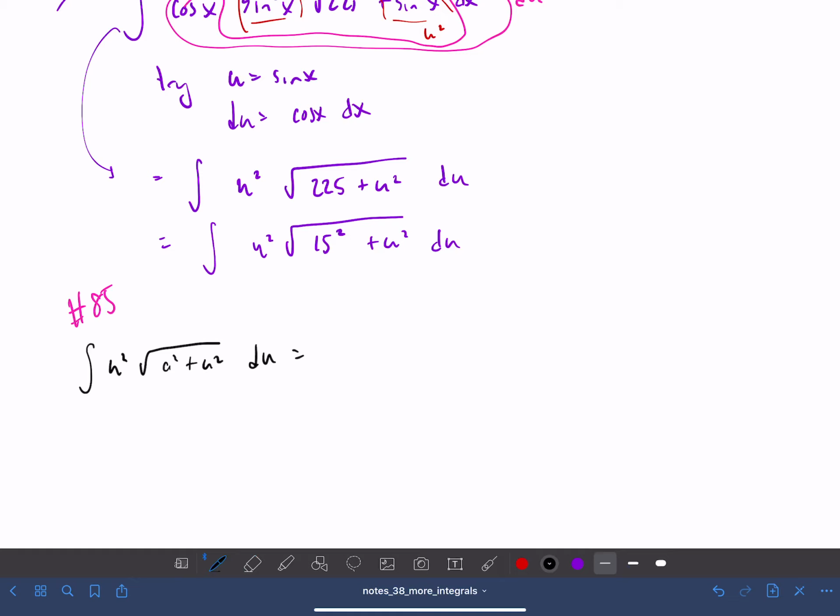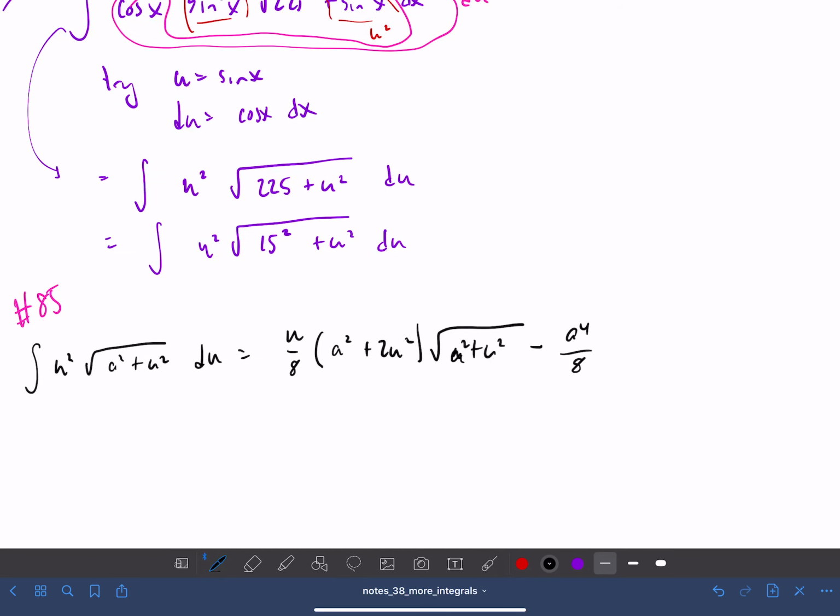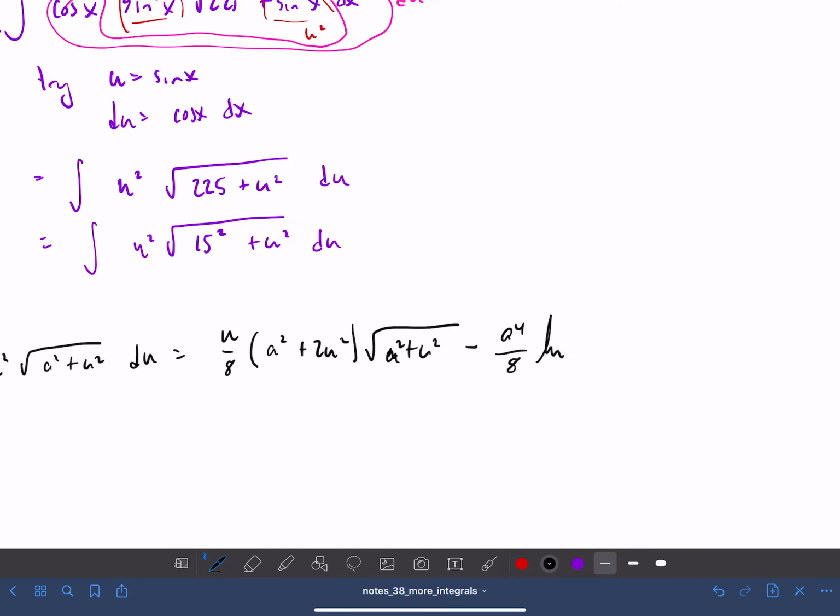Oh my God, this is just ludicrous. u over 8 times a squared plus 2u squared times the square root of a squared plus u squared minus a to the 4th over 8 times the natural log of u plus the square root of a squared plus u squared plus some constant c. Oh my God, this is amazing.